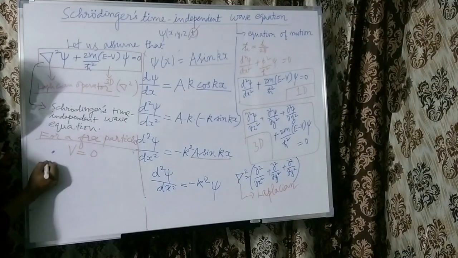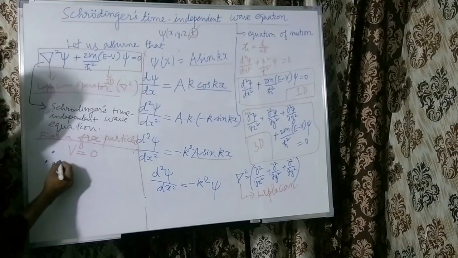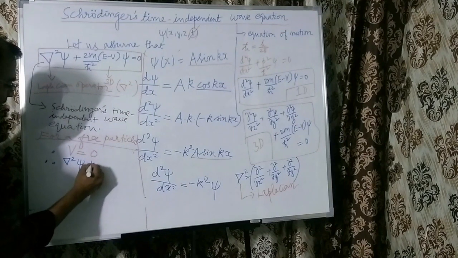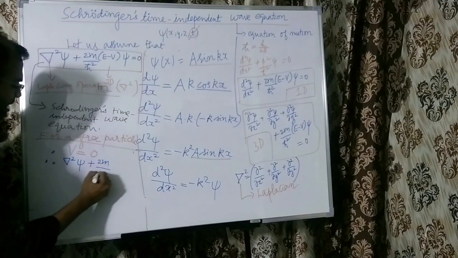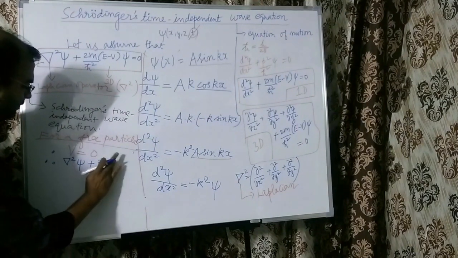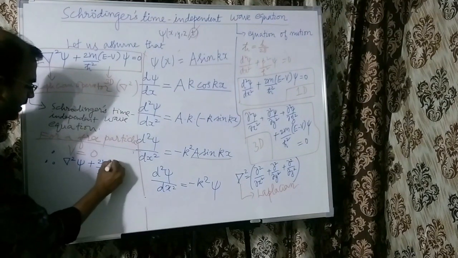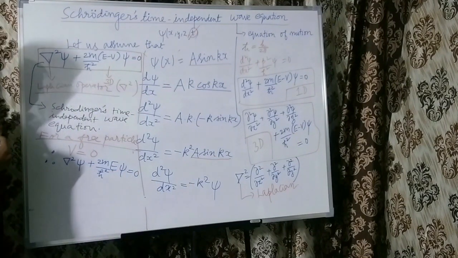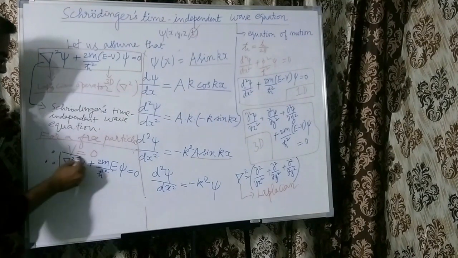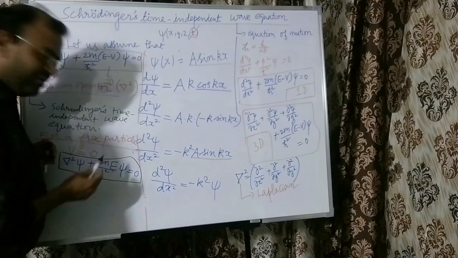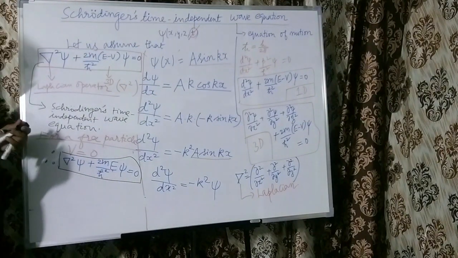Therefore, the Schrodinger's equation is del square psi plus 2m over h cut squared E psi is equal to 0, because now our V is 0. So, this is the Schrodinger's time-independent wave equation for a free particle.